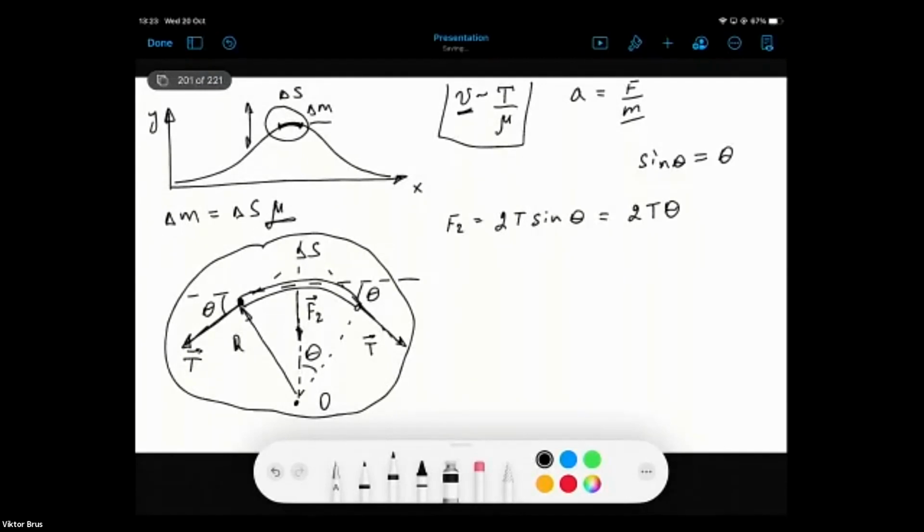Okay, so now what should be done? Let us consider that this pulse is moving from left to right with some speed v.